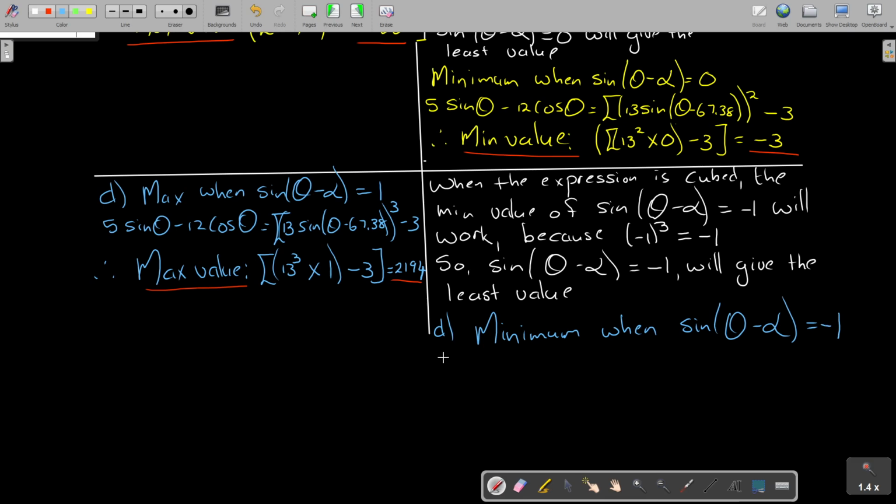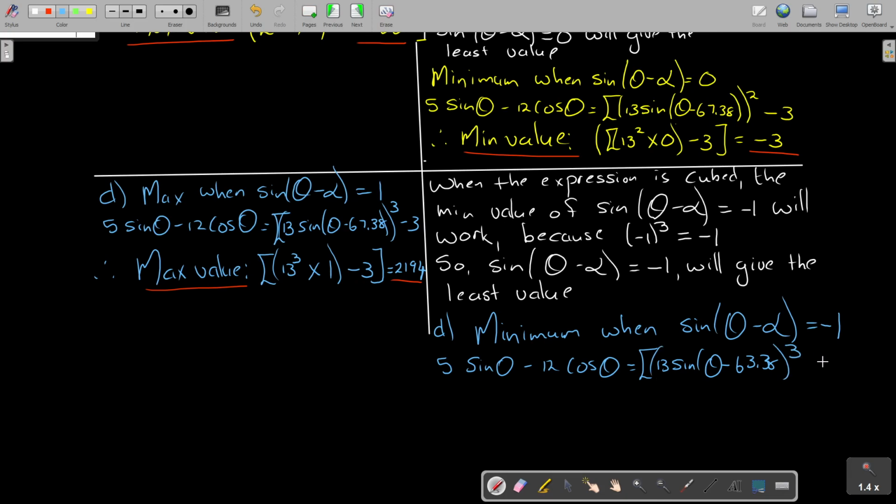So 5 sin theta minus 12 cos theta is equal to 13 sin theta minus 67.38.